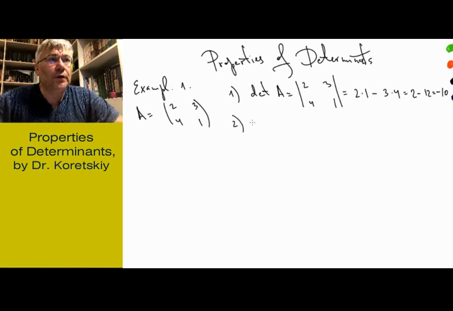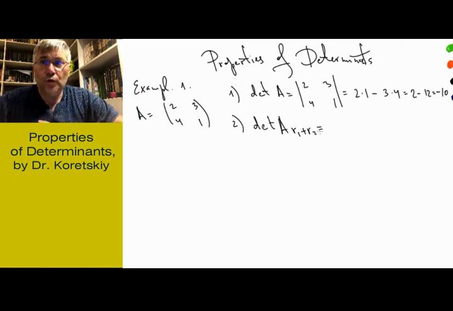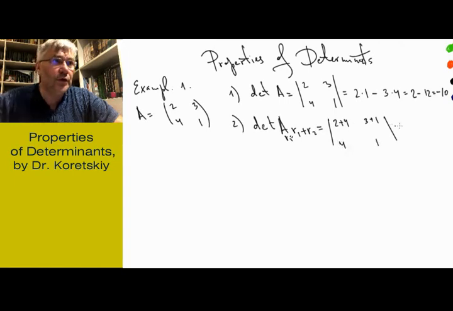Let's calculate the determinant of the matrix when we add row 2 to row 1, and row 2 we keep as in the given matrix. What do I mean by R1 plus R2? I mean that the first row becomes 2 plus 4, 3 plus 1, and here we have 4 and 1.